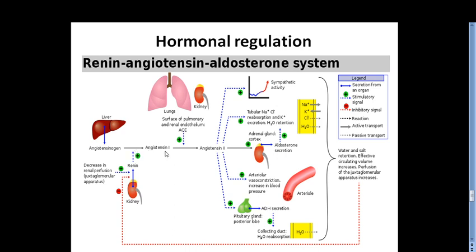When this angiotensin 1 reaches the lungs through the circulation, there is an enzyme there called angiotensin converting enzyme. That enzyme converts angiotensin 1 into its more potent and active form, called angiotensin 2.